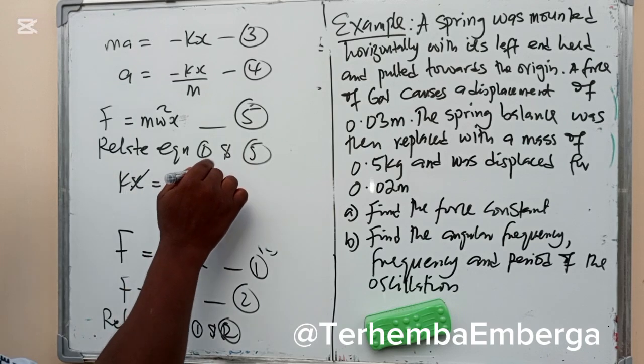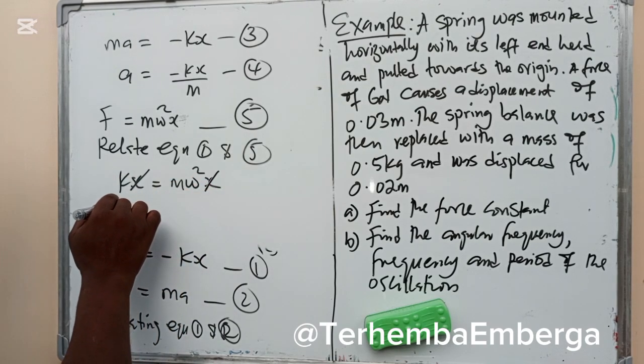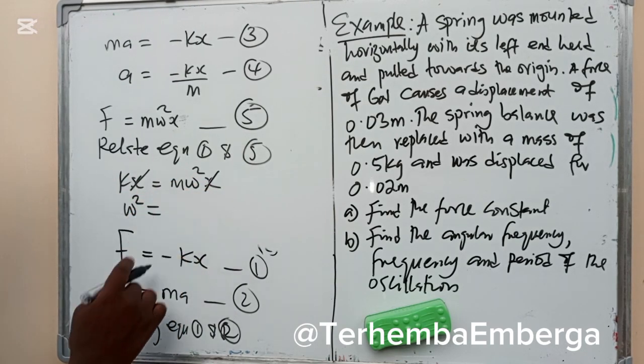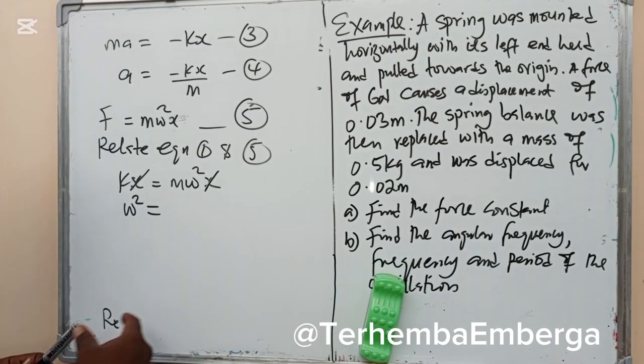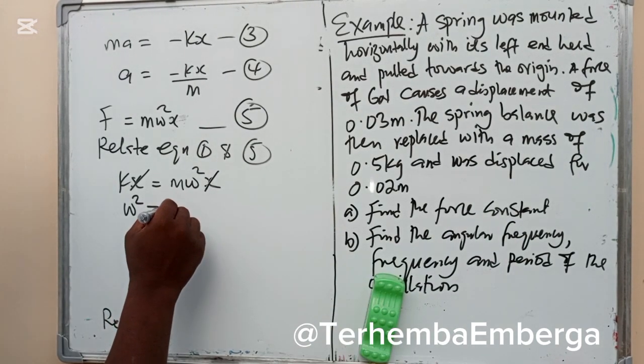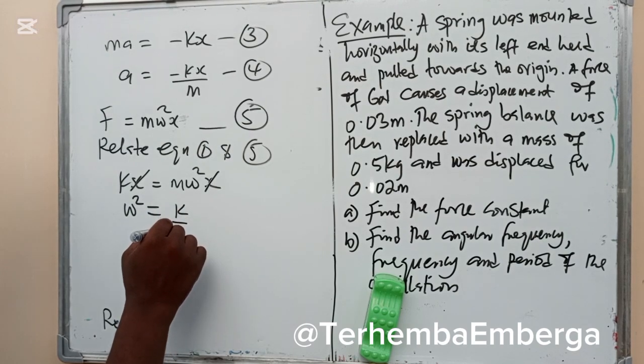So x cancels, and we have omega squared equal to k all over m.